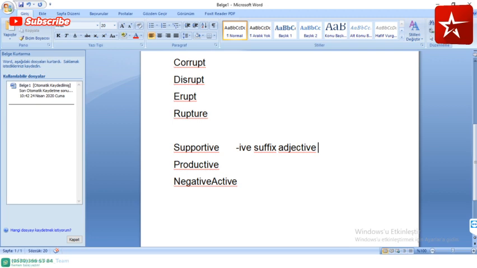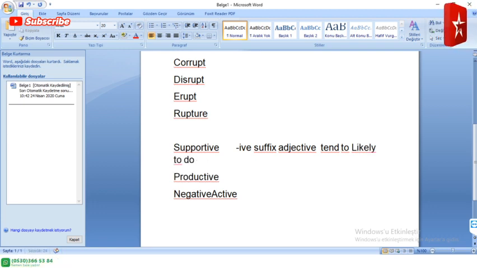And -ive in one of its meanings means to tend to do something, or likely to do something. So if someone is supportive, they are likely to support someone.